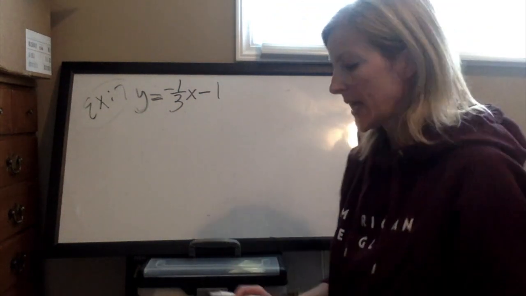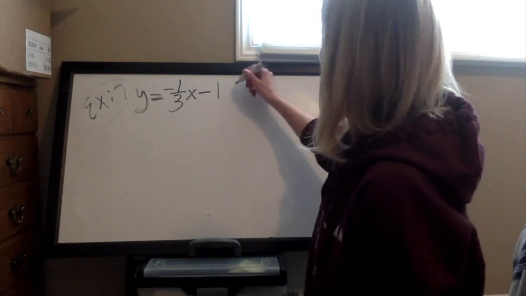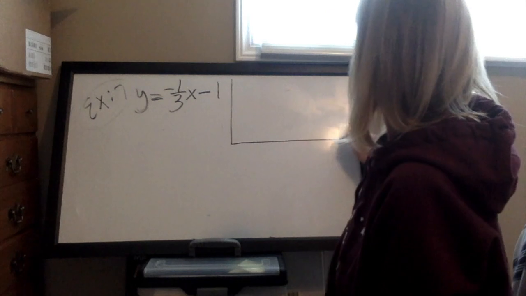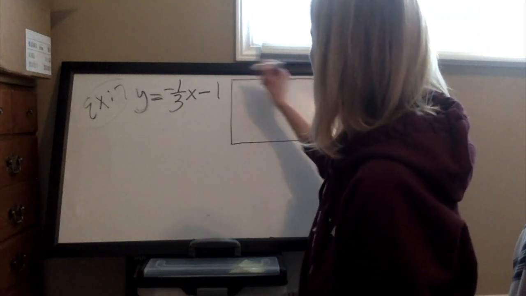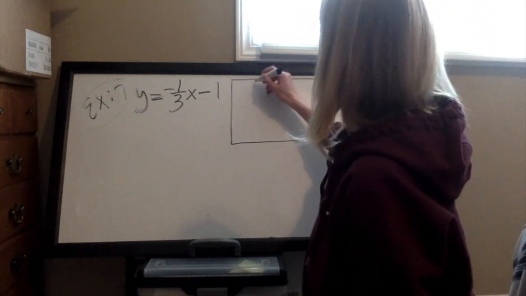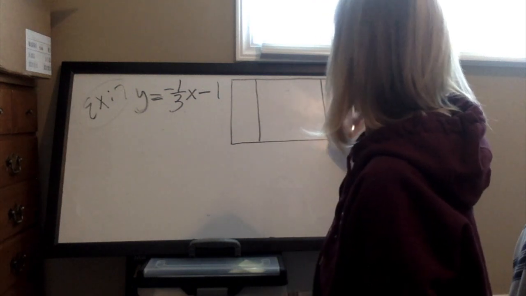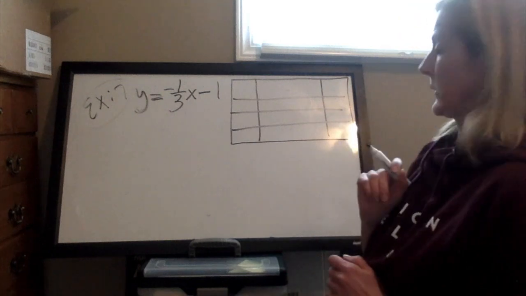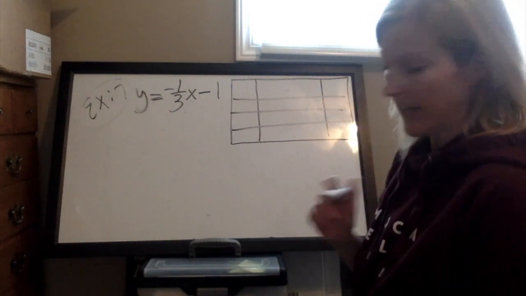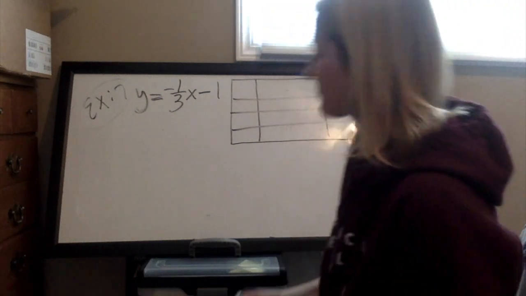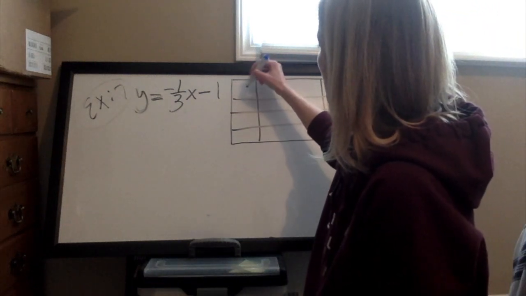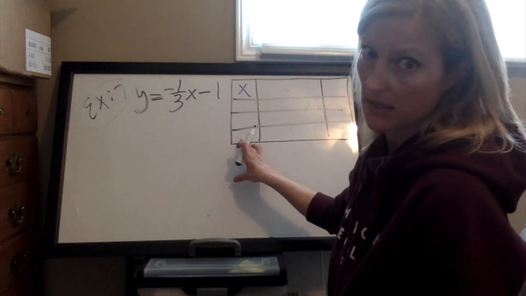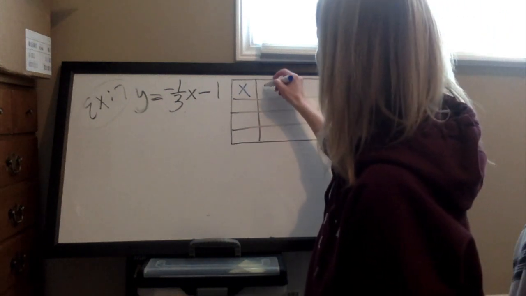All right, so then they give you a chart to the right, and that chart is going to look like this. Okay, so it looks something like that, and then they tell you that this column is X. This column is the equation that they give you.